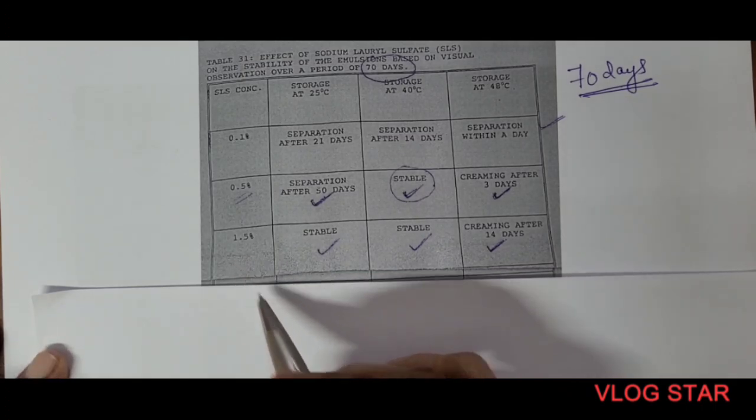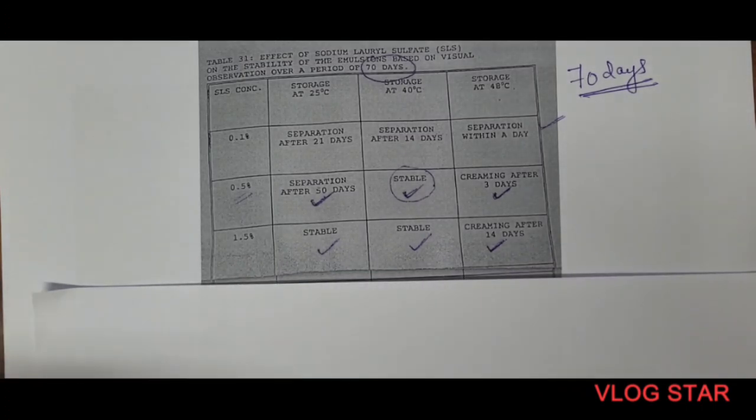What I found is, I characterized the emulsions using advanced rheological parameters, measuring the viscoelasticity. So viscoelastic parameters: viscous flow and the elastic flow of the emulsion. At 1.5% sodium lauryl sulfate, both the viscous flow and elastic flow were maximum.